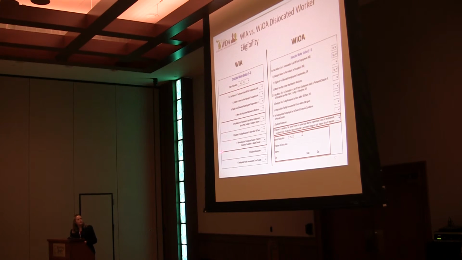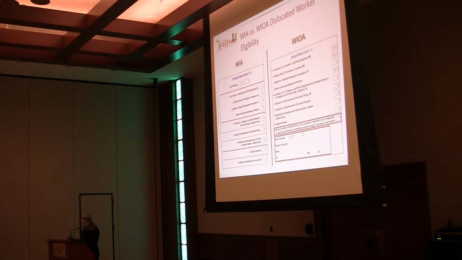So on the left, you'll probably see the eligibility criteria for dislocated workers that you're familiar with now, where on the right, you'll see how it's going to be for WIOA as of July 1st. All of the eligibility criteria that's in the WIA section is still in the WIOA section.